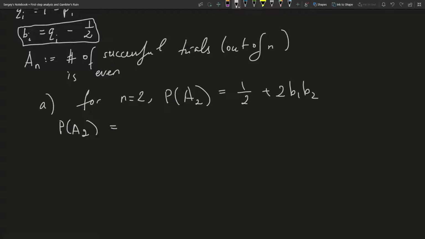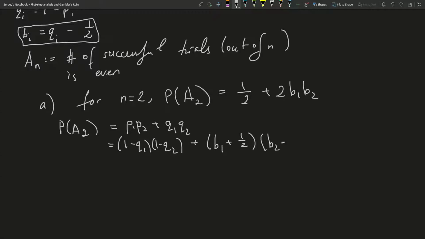The probability that both trials are successful is p1 times p2, and the probability that both trials end in failure is q1 times q2. And now we're going to rewrite p1 and p2 as 1 minus q1 and 1 minus q2, and q1 and q2 we're going to rewrite as b1 plus 1/2 and b2 plus 1/2.